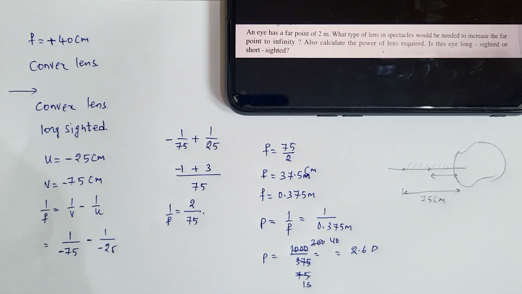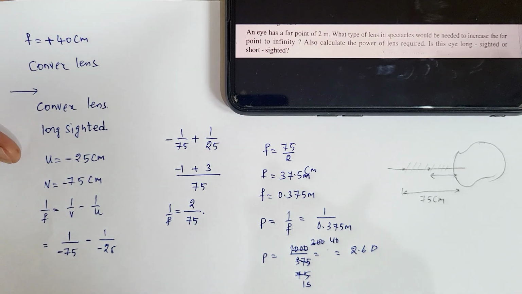An eye has a far point of 2 meters. What type of lens in spectacles would be needed to increase the far point to infinity? Means the far point is not infinity now. It is only 2 meters. Means he is able to see only until 2 meters. He is unable to see until infinity.